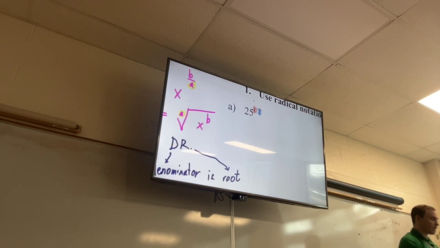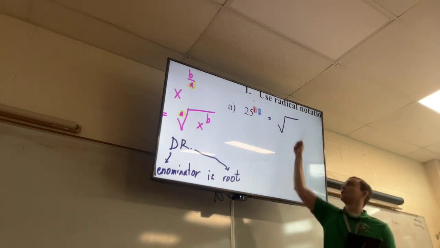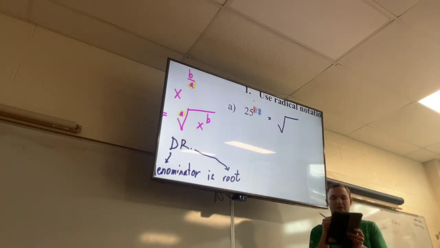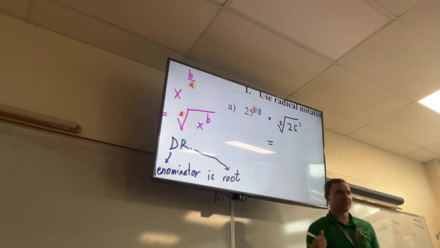So I would write 25 to the 1/2 as what? Let's do a little radical symbol. Which number, my denominator or my numerator, goes outside the radical symbol? The denominator. So it's going to be 25 to the 1, rooted to the 2. This is just the same as what?